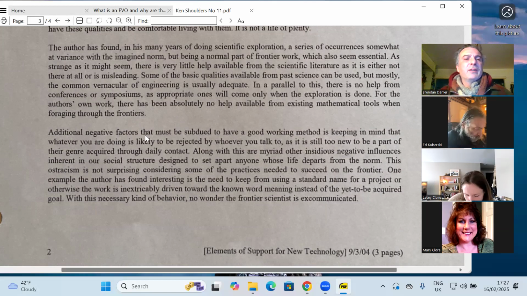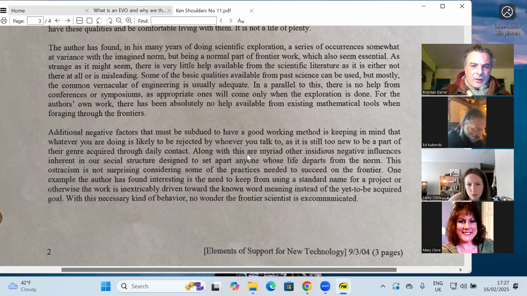Additional negative factors must be subdued to have a good working method, keeping in mind that whatever you are doing is likely to be rejected by whoever you talk to, as it is still too new to be part of their genre acquired through daily contact.